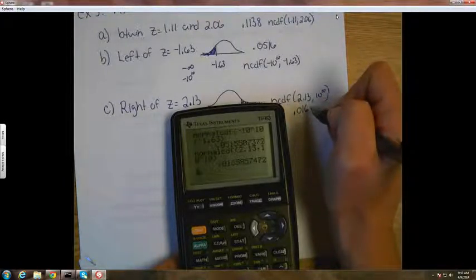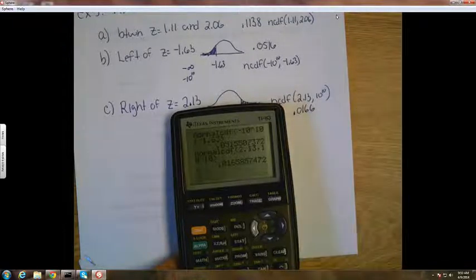Zero, 1, 6, 6, exactly what we got from the table when we looked up both of them and subtracted.